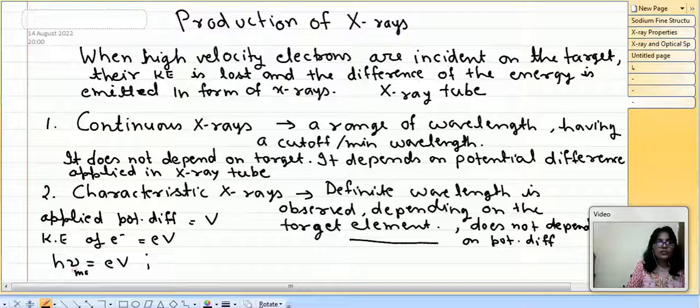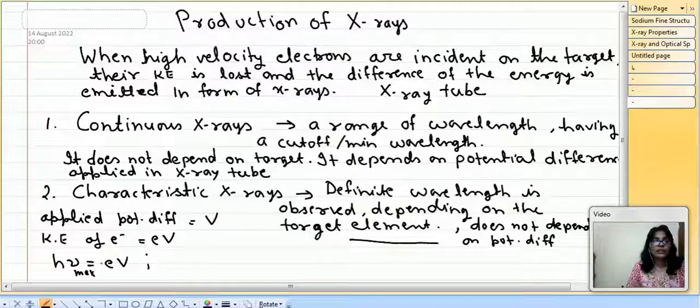So this nu is the maximum value. We can define the maximum frequency, but we cannot define the minimum frequency because there may be the loss of a small fraction. Therefore, there will be a range of the frequency, but nu maximum is defined when the electron will lose all its energy and it will get stopped, means the kinetic energy will become zero.